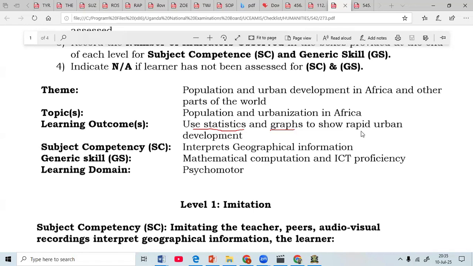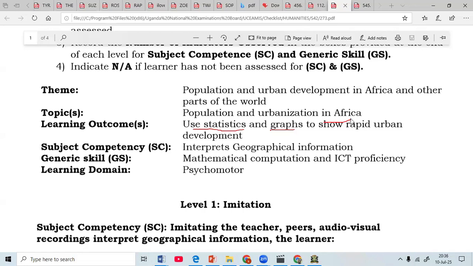Because remember, here the topic is about Africa, but we have to start from what? From known to unknown. Let's start within Uganda. Show those different areas in Uganda with different population and urban setting. Let the child be able to see those different graphs and how they present themselves.